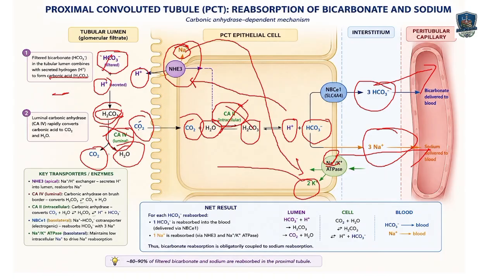So if you stop the carbonic anhydrase enzyme from functioning, bicarbonate will be released in urine. And we know from our physiology, if you promote bicarb excretion, you basically will lower our body pH. You will promote metabolic acidosis.